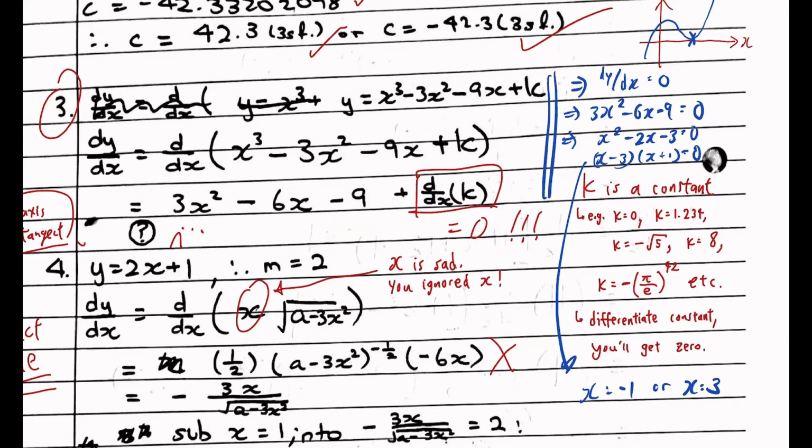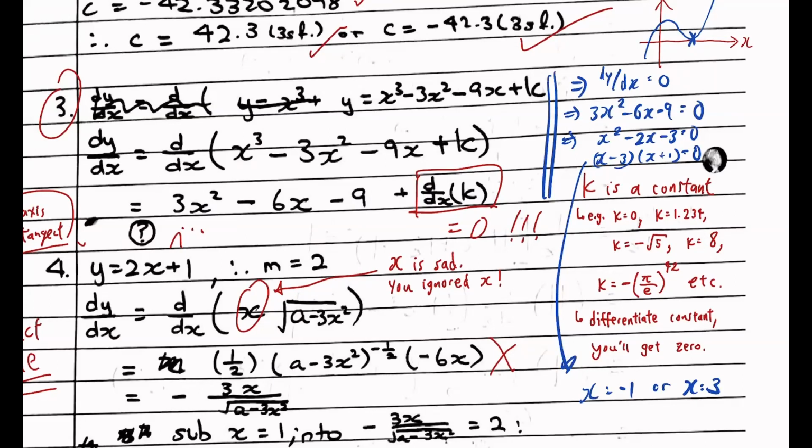If we sub in x equals to these values, the possible values of k, what will we end up with? Ah, right. Okay.